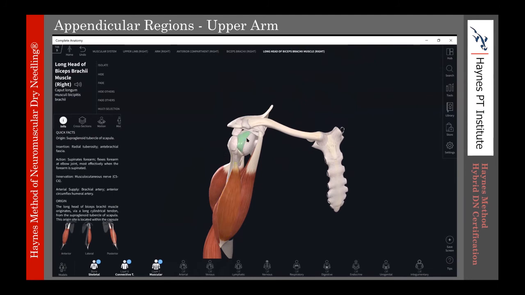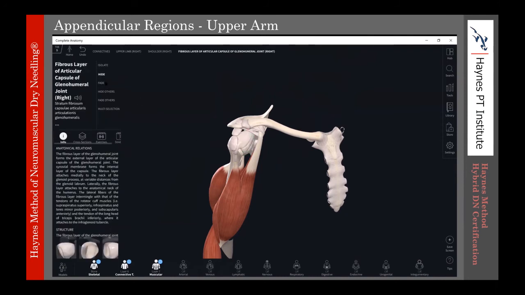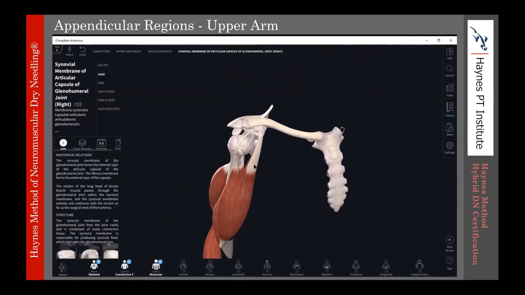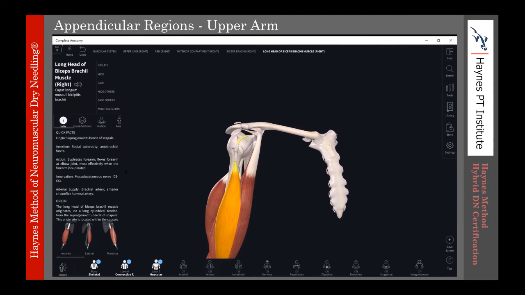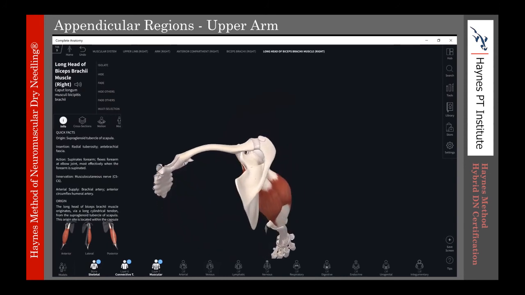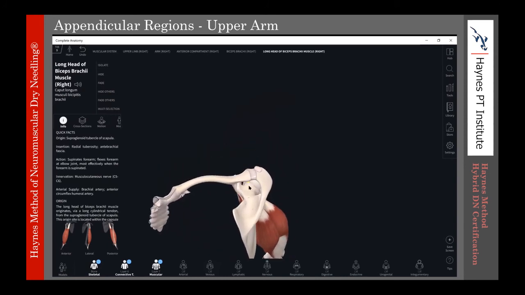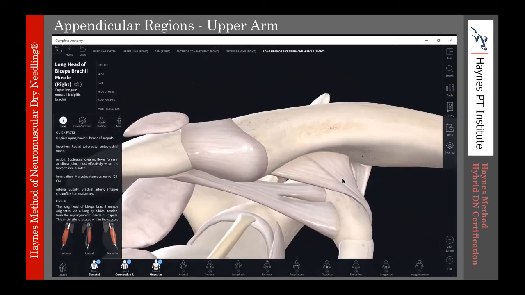Let me remove some structures here that are in our way so that we can see the path of the long head. All right. So as the long head comes, we're going to find it traveling all the way to the supraglenoid tubercle of the scapula. We'll take a look, a posterior or medial to lateral view of that. So we can see that as it's coming up and attaching on that tubercle.